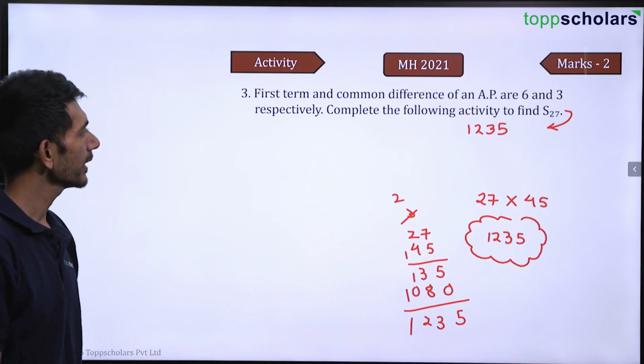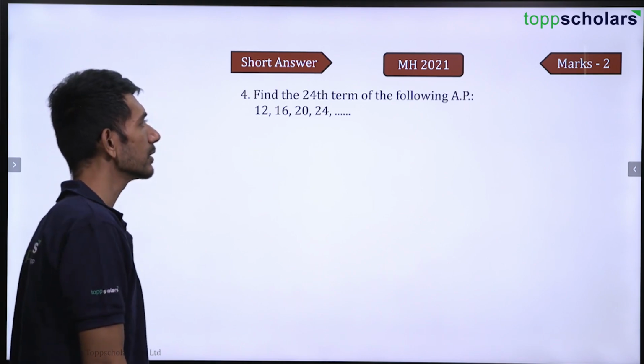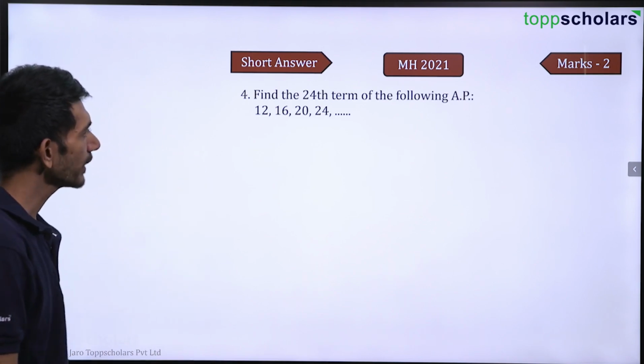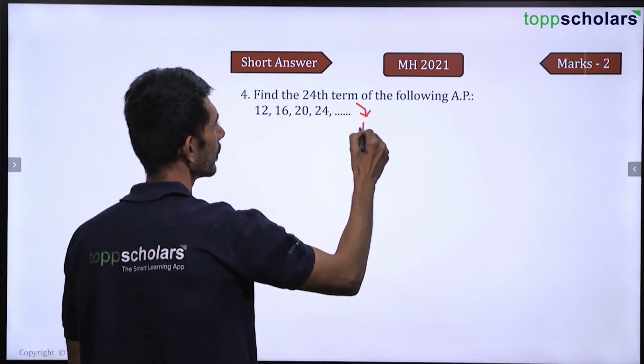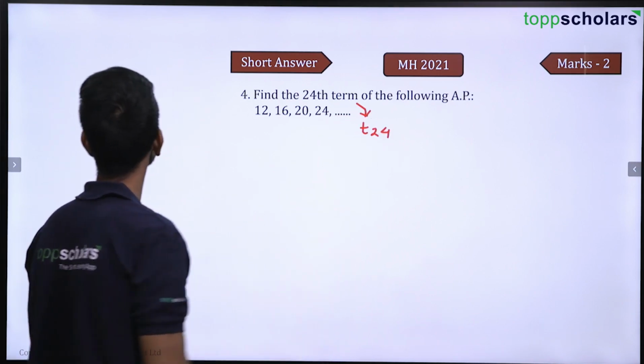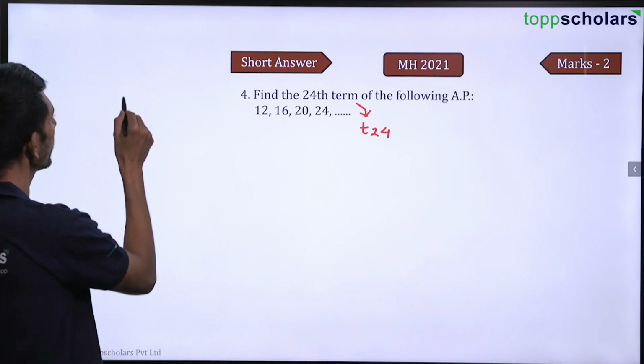Clear? Okay, let's continue. Now the question says find the 24th term of the AP. We're supposed to find out the 24th term. That means, can I say we are supposed to find out T24, isn't it? Now tell me one thing, what is the formula for Tn?